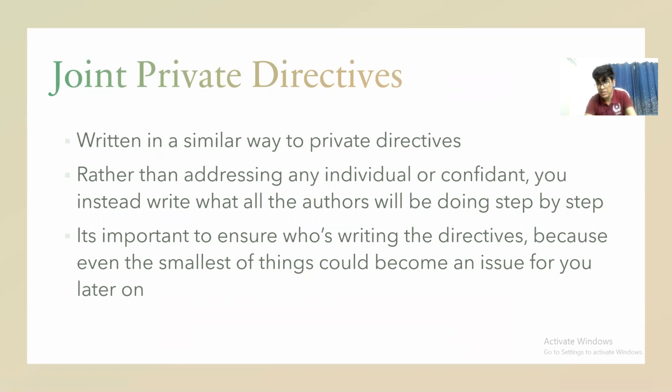If they're addressed to an external personality, then definitely you write who you're addressing. But the nature of joint private directives is that at least two or more delegates come together, pooling their resources and their portfolio powers to carry out a particular action that you cannot carry out on your own, right?